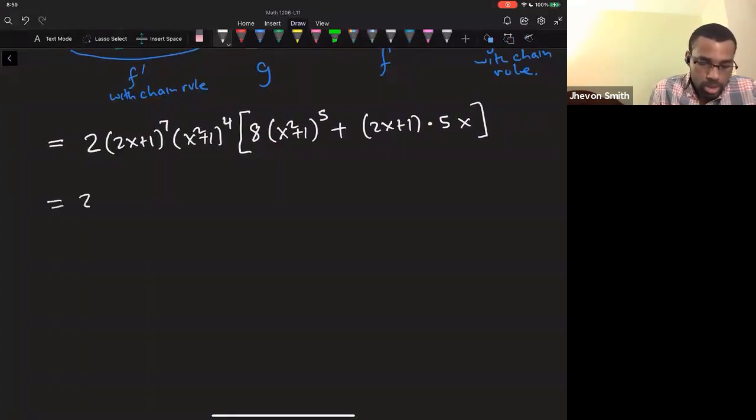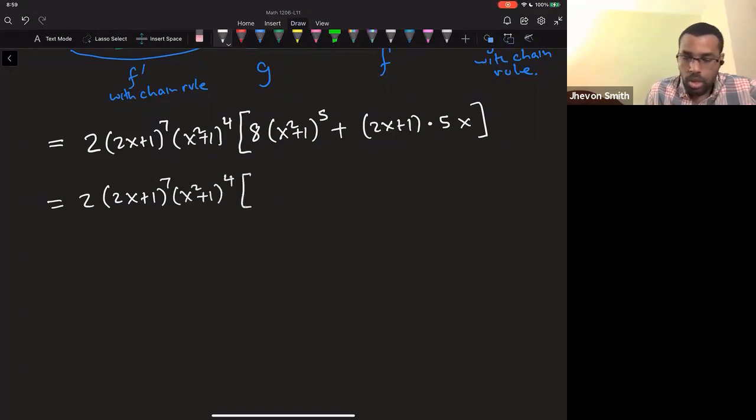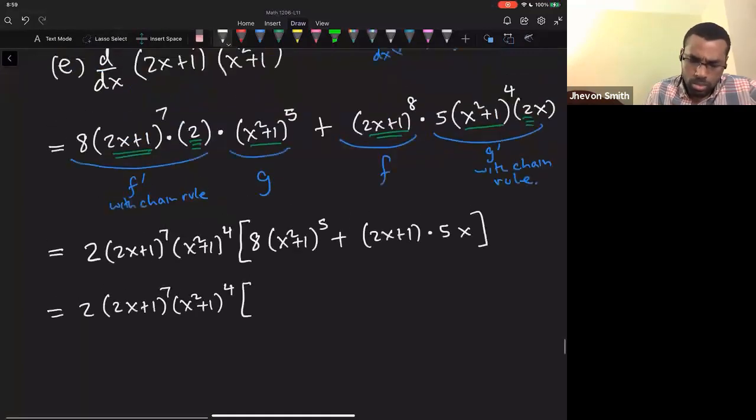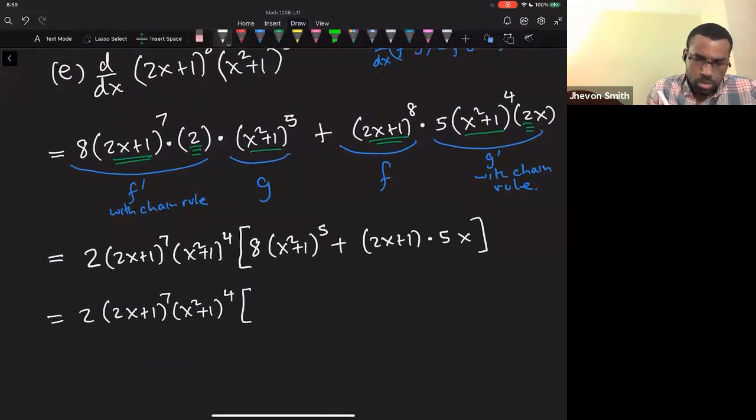So this is 2 times 2x plus 1 to the 7th, x squared plus 1 to the 4th. This shouldn't be a 5th power.